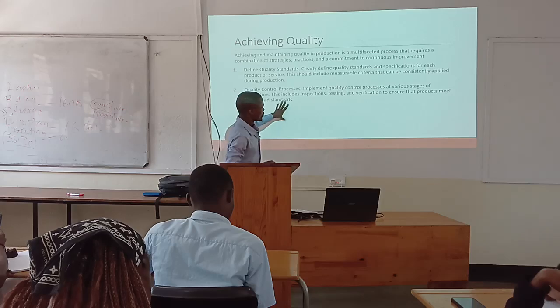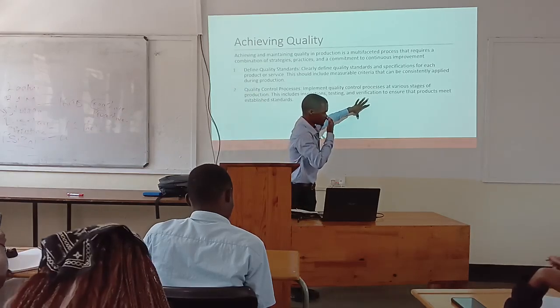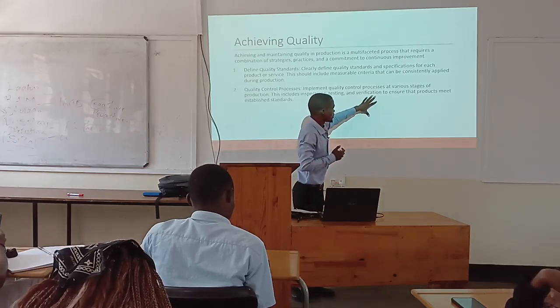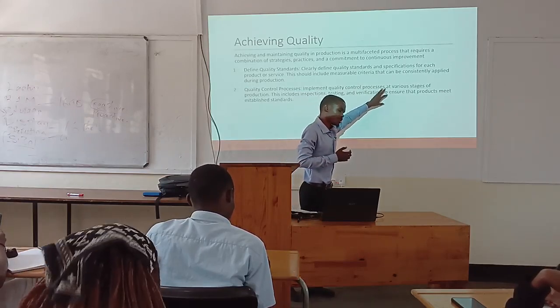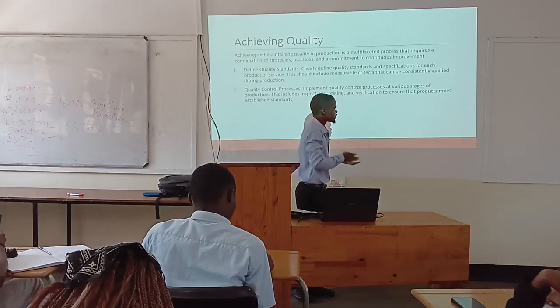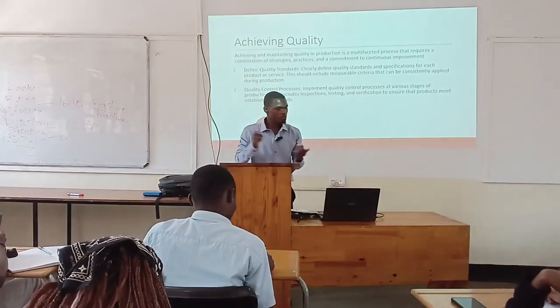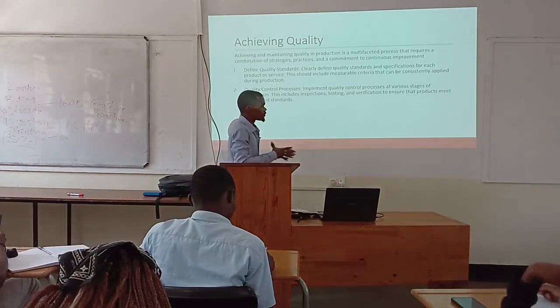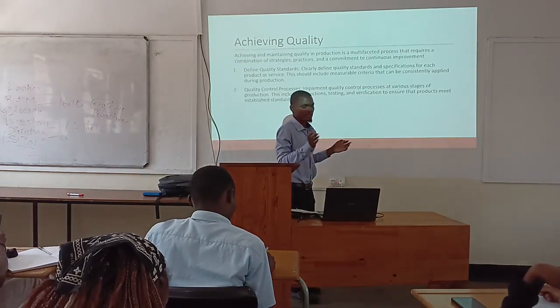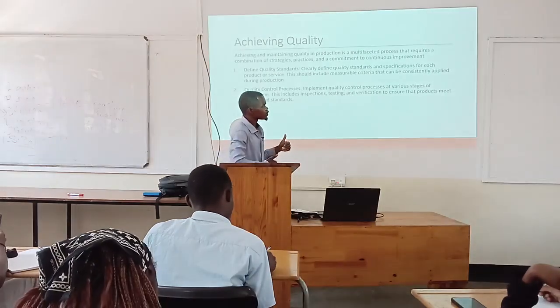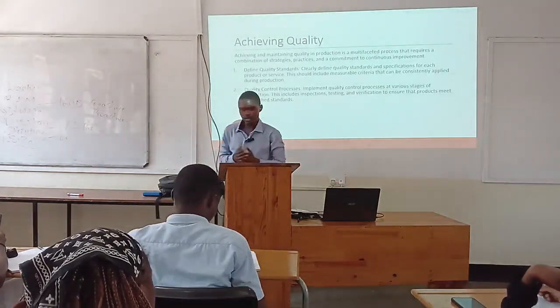So another control process is verification. This one is a process of checking if we have met all the specifications within a specific product. So if we have incorporated all the specifications, and a specification has all those characteristics and features that must be in a product, we are just verifying.